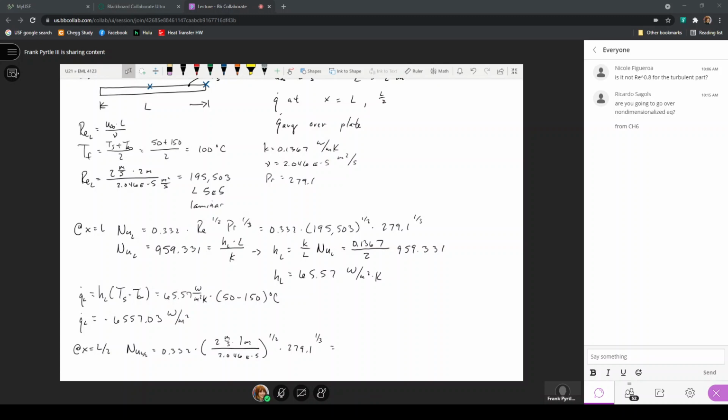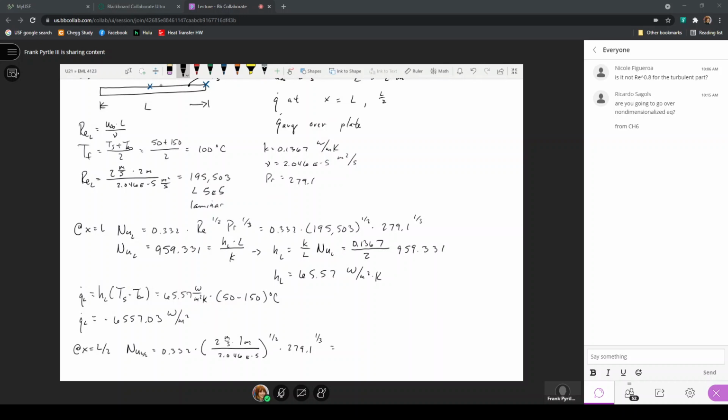Let's see here. So let me go back to this recall here. There we go. So here, with the Reynolds number being just half of 195,503, it's raised to the same 1/2 power multiplied by 279.1 to the 1/3.